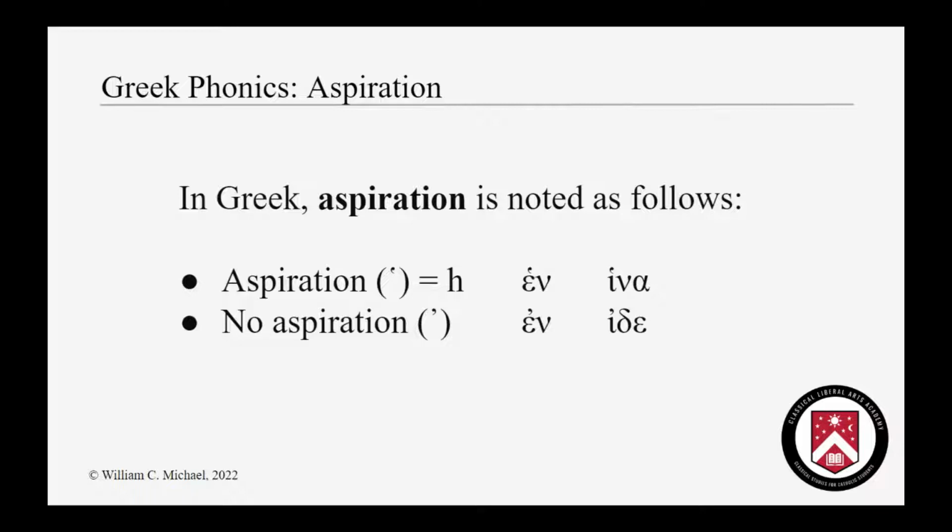So anytime we see this mark of aspiration over a vowel, we're going to read the sound of the letter H before that vowel. So if we look at this word here, we see Epsilon nu.